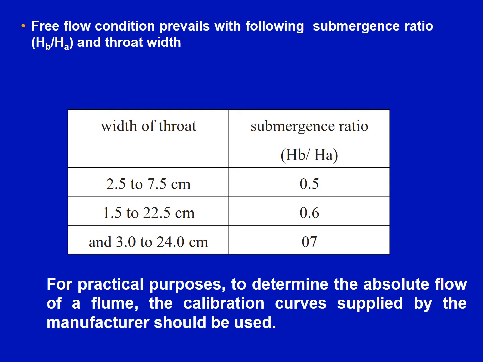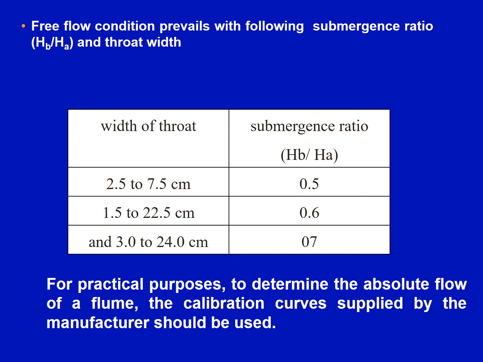Suppose the width of throat is 2.5 to 7.5 centimeter, this ratio is 0.5. If this ratio is greater than 0.5, then we can say this is not a free flow condition, but a submerged condition. Similarly, 0.6 for 1.5 to 22.5 centimeter, and 0.7 for 3 to 24 centimeter size of throat.